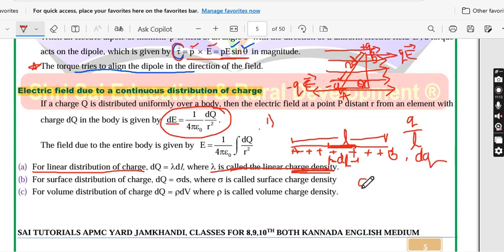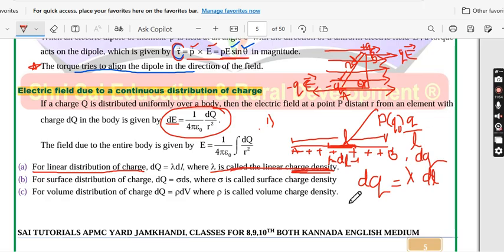Now dq will be written as the linear charge density into dl. Then the electrostatic force on charge q placed at a point P at a distance r from the small element is given by the following. Let us consider a small point P which is having the charge q naught.